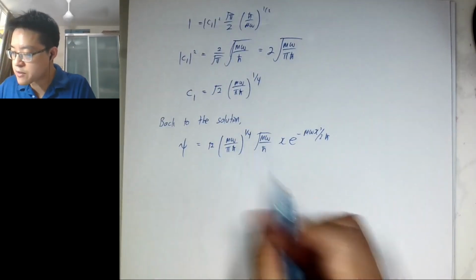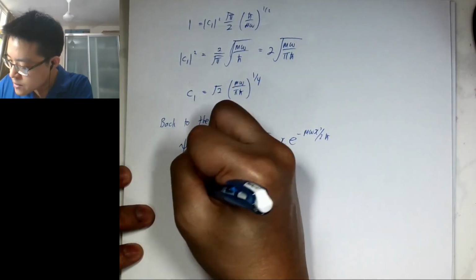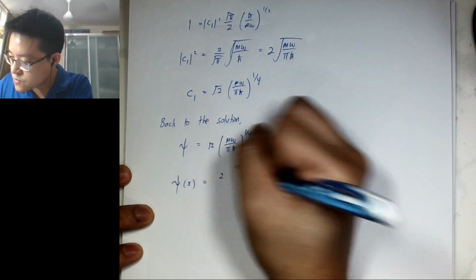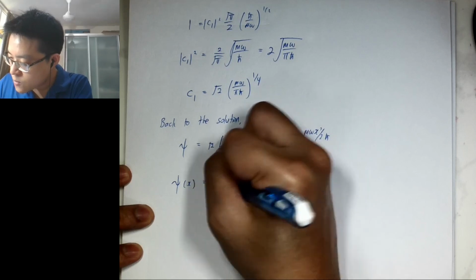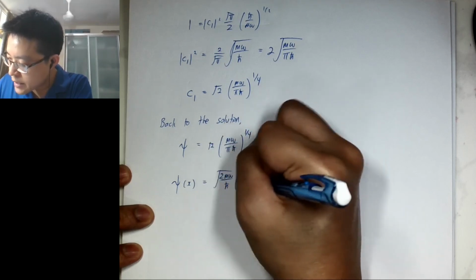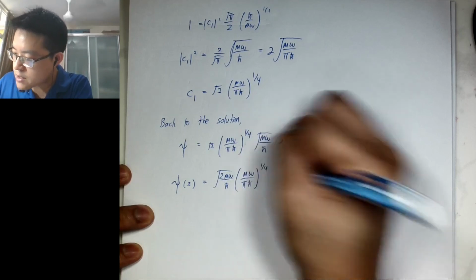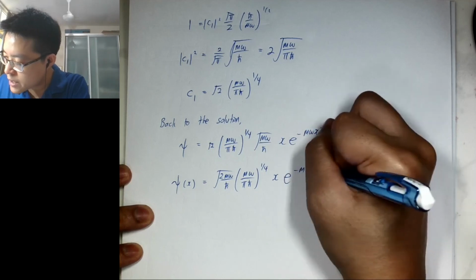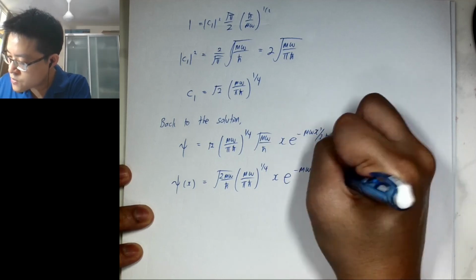So the square root, let me put everything inside. We have found 2 m omega over h bar, square root, and then m omega over pi h bar to the 1/4, x e to the power of minus m omega x squared over 2h bar.